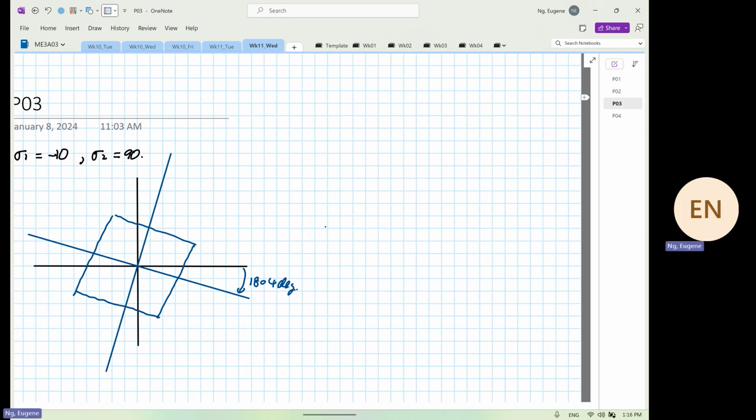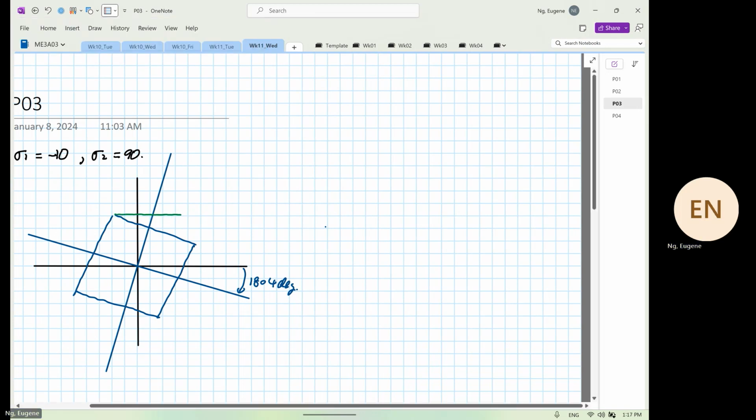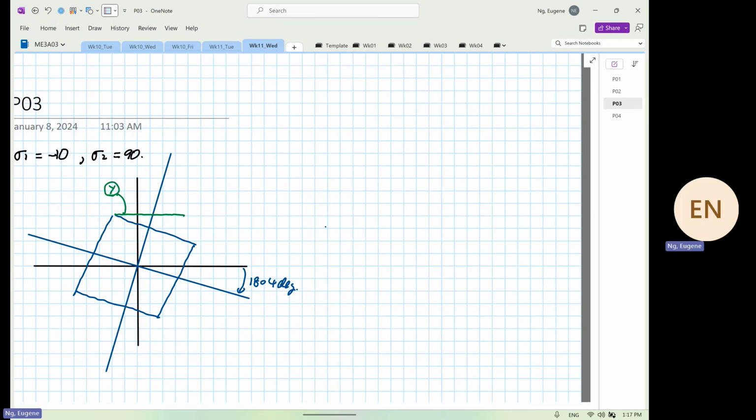And then when we sketch an element, the next thing we are going to do is find where point X is and point Y. So we know that this orientation over here is our point Y, and this orientation here is our point X. Right? If X were to rotate to this surface by 18.4 degrees, what is the stress?